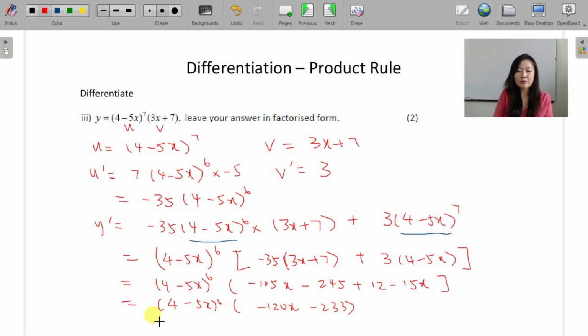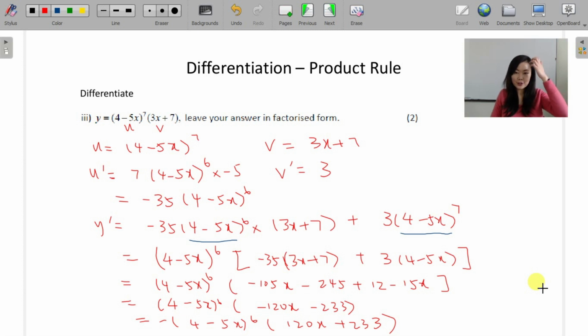Now, with the double negative, you might take it out just to make it look neater. That's it. All right, so that's another application of the product rule that's been fully simplified.